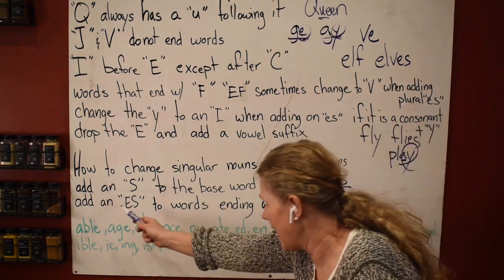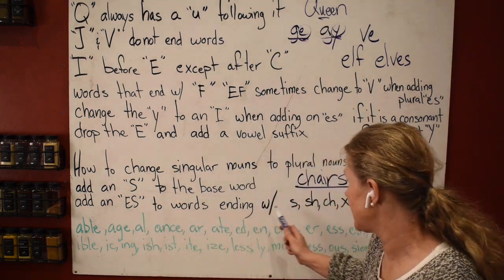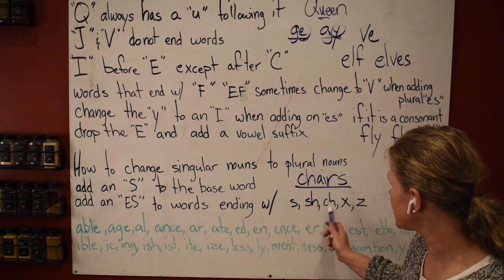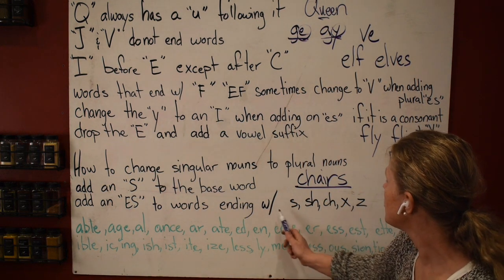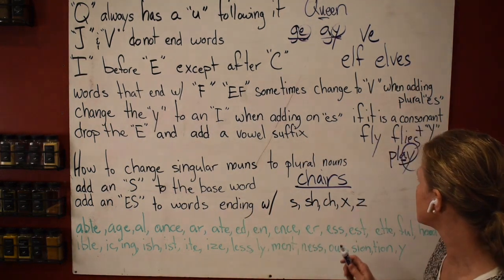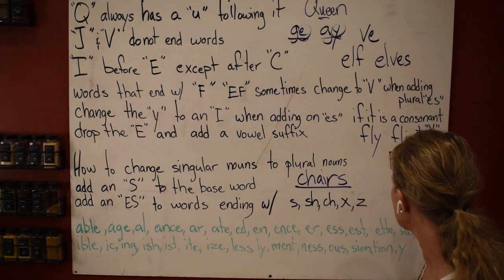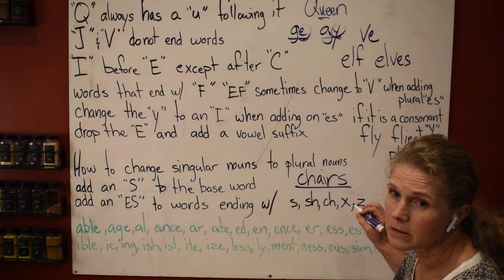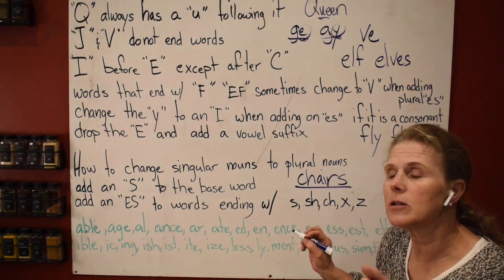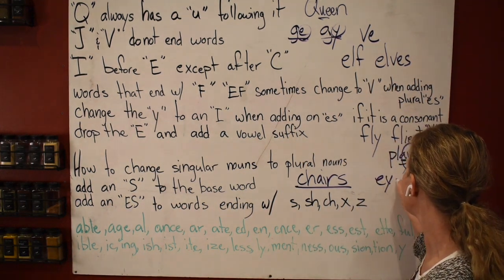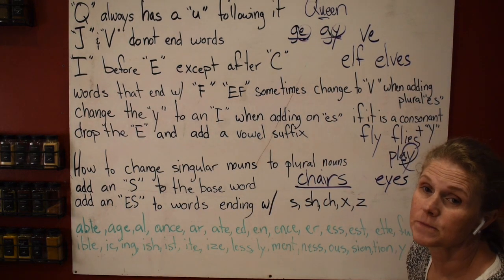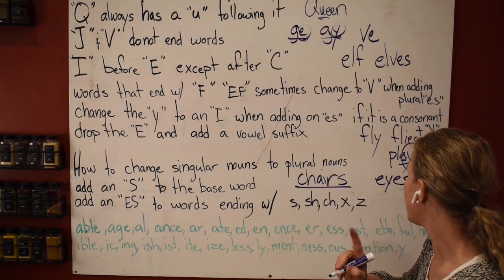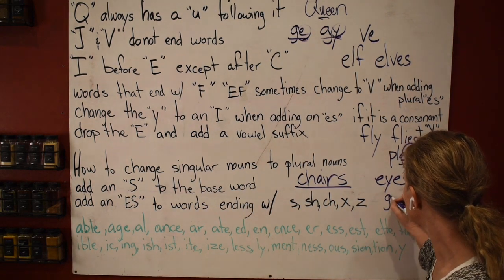But when you're adding an ES to words ending with an S, an SH, a CH, an X, or a Z, you have to do ES. Can you guys think of a word? Eyes. Now E-Y-E, the plural is I, and you're just adding an S on. But how about grass?